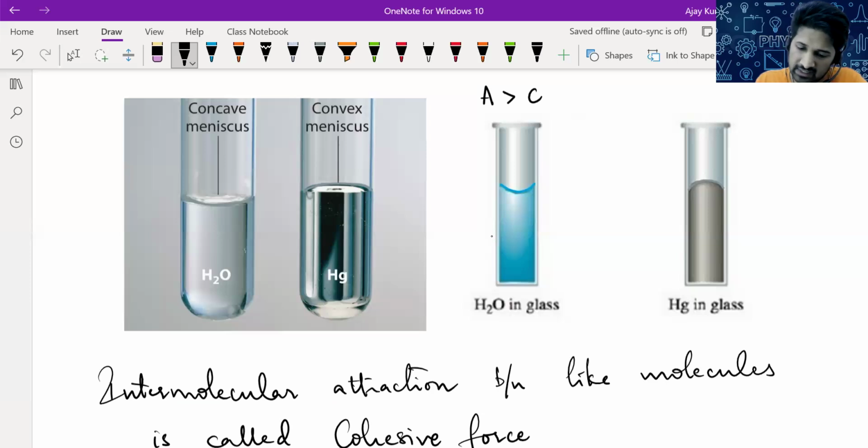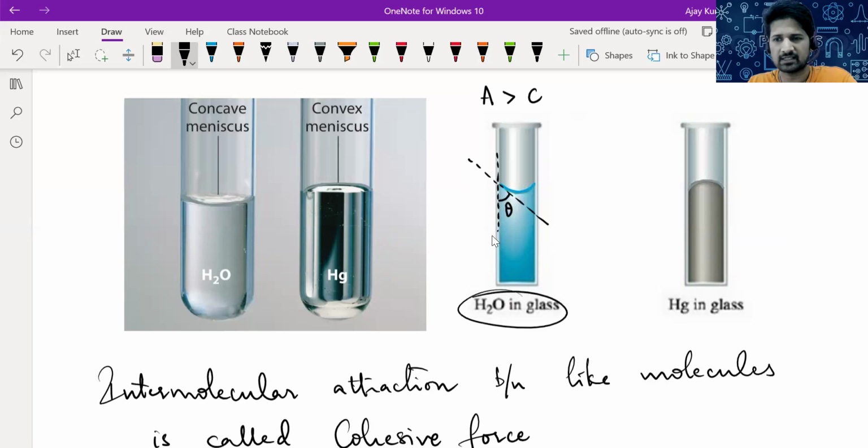And when that happens, imagine a tangent drawn to the surface of the liquid and the surface of the solid. These two tangents have an angle between them. That angle measured from within the liquid is what you call contact angle. So in case of water and glass, the contact angle is acute. In fact, for pure water and glass, the contact angle will be almost 0 degrees. Experimentally, it has been determined.